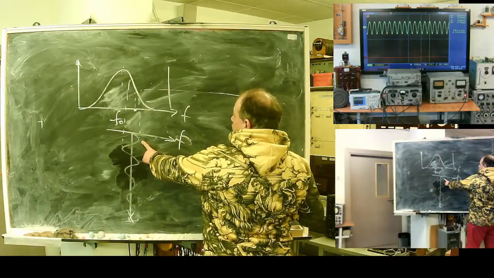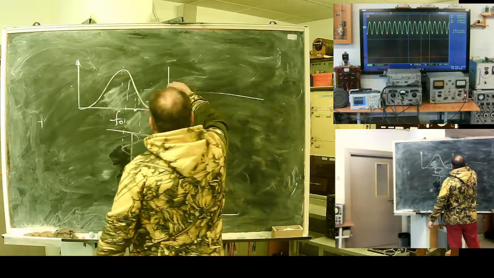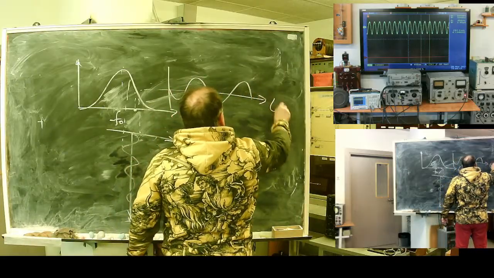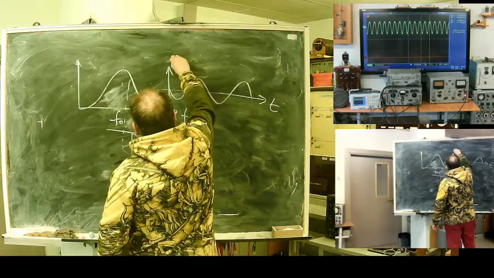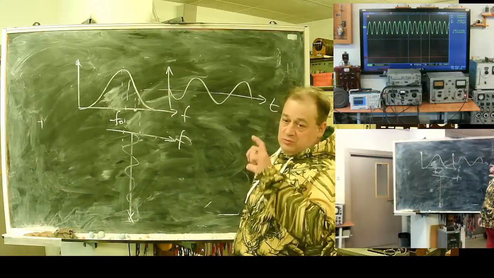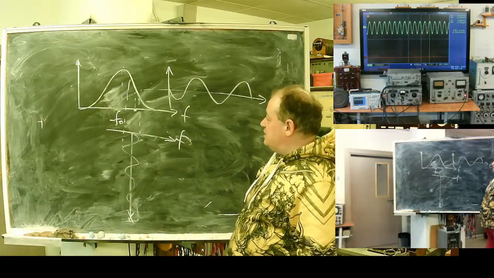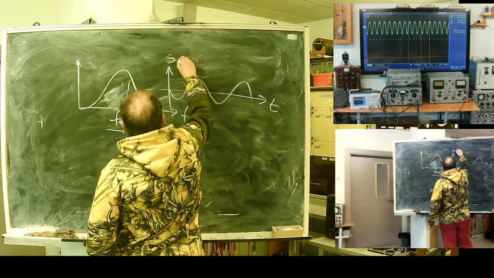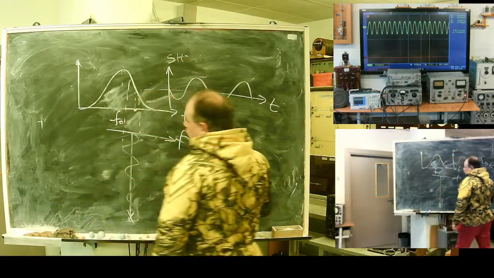What will I get in time? When frequency goes up, signal goes down, and the opposite. I will get as a result an amplitude change. It will be an amplitude relation. So very easy to decode.